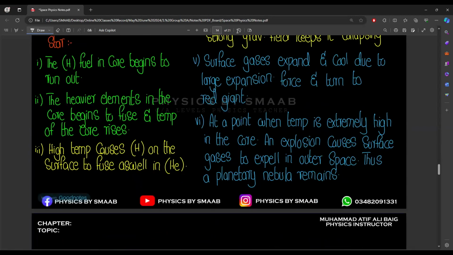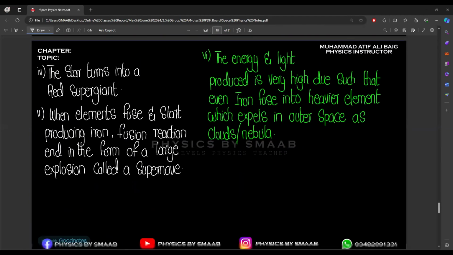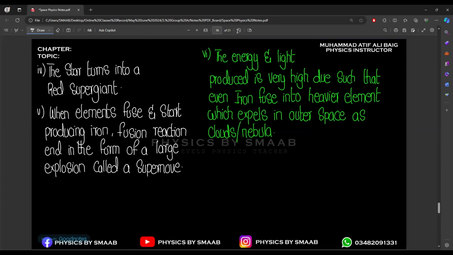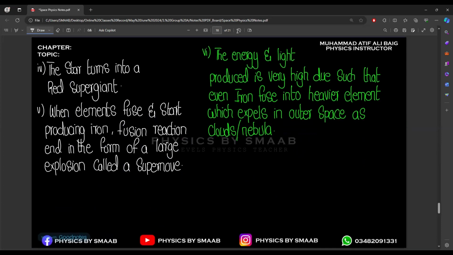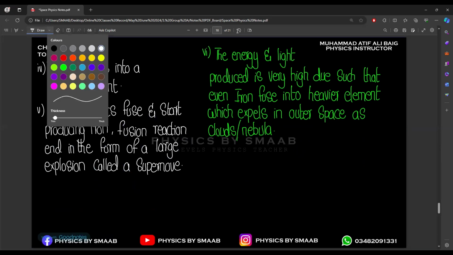So these are two different possibilities for this red supergiant. So we will also write them, and that will be the end of the death of both types of stars.